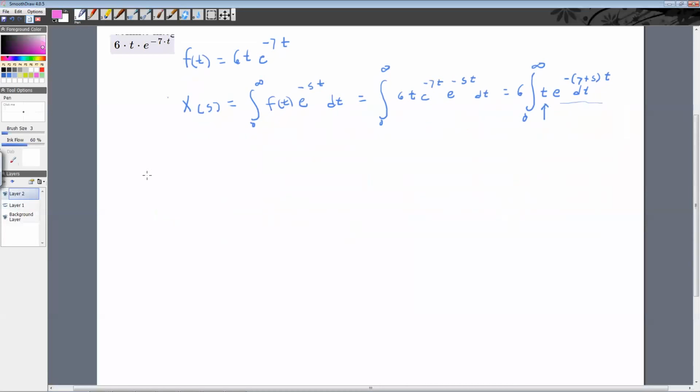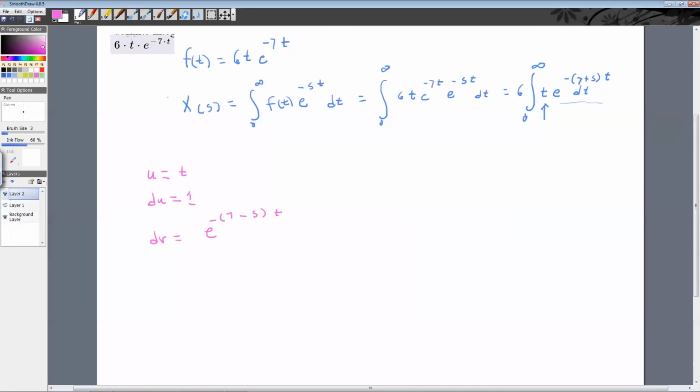Okay, so that didn't work. So let's choose u to equal t, du equals 1, dv equals e to the minus 7 minus s t.